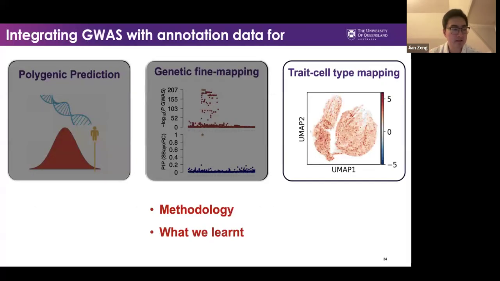Okay, in the last part, I'd like to talk about these functional annotations if you generate them from single cell studies, and that can be incorporated with the GWAS data to fine map the cell types or developmental stages relevant to the trait.